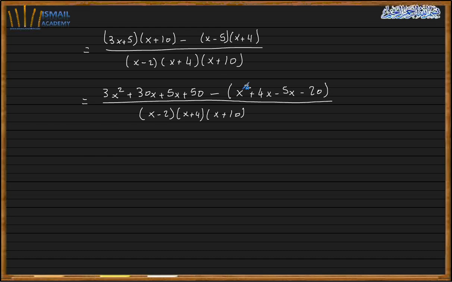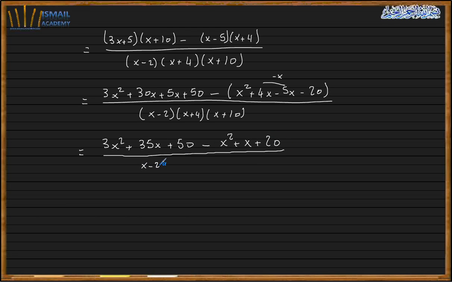I keep the denominator in factored form, I don't foil it. So I distribute the minus here, and I get 3x squared plus 35x plus 50, because 30 plus 5 is 35, minus x squared, and minus and minus become positive, over x minus 2 times x plus 4 times x plus 10.